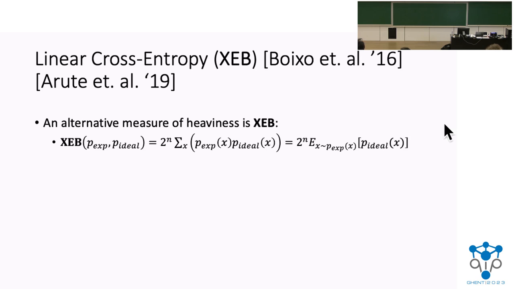The answer is that you actually explicitly compute ideal probabilities of the samples that you see, right? So in other words, how does Google know that they achieved a 1 point, whatever score on XEB? Well, they know that because they observed certain samples, and then based on the samples that they observed, they used a classical supercomputer to compute the ideal probability of seeing those samples, right?